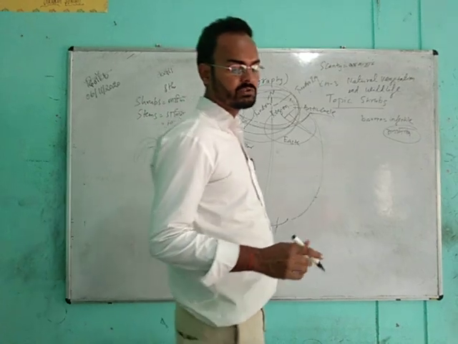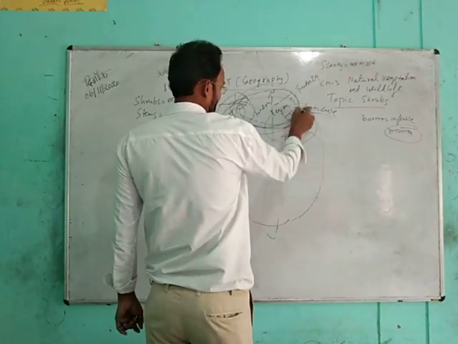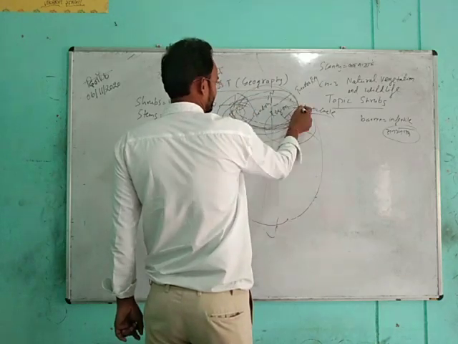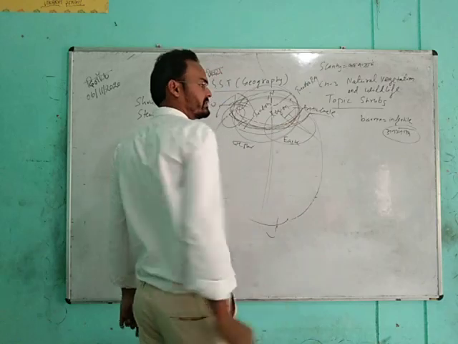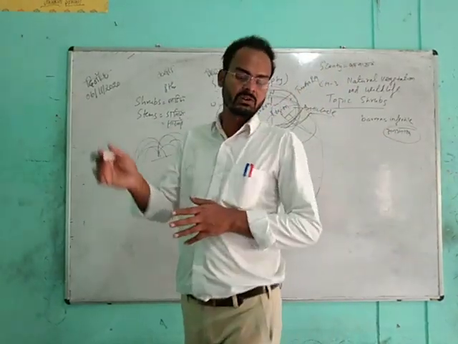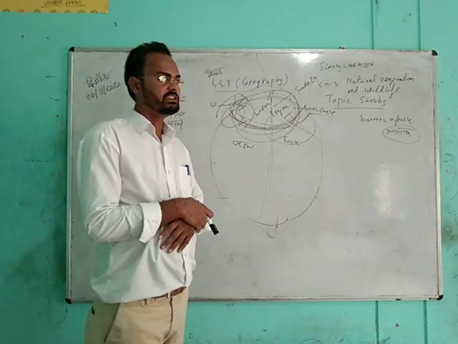So all the nearby countries which border the Arctic Ocean, which are at the coast of the Arctic Ocean, starting from there all the regime is known as the tundra regime, and all the vegetation there is known as tundra vegetation.